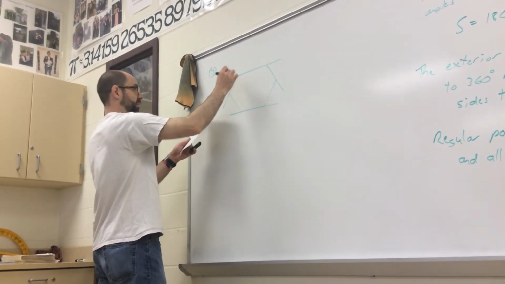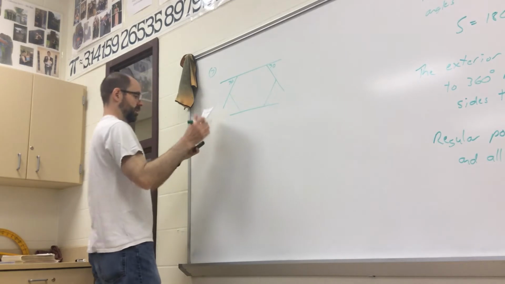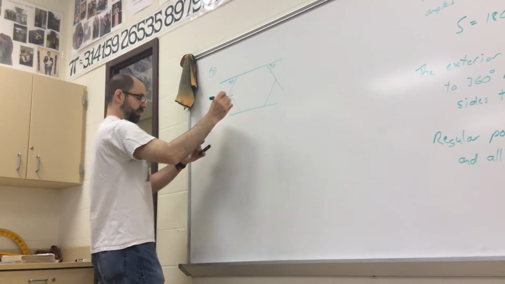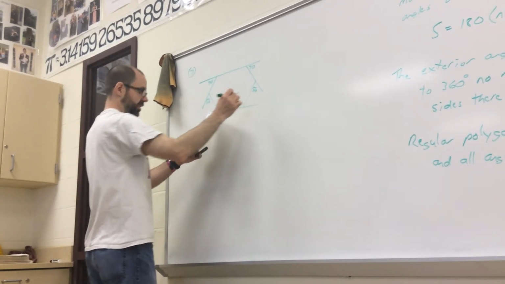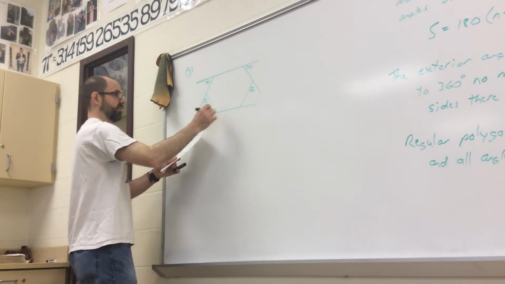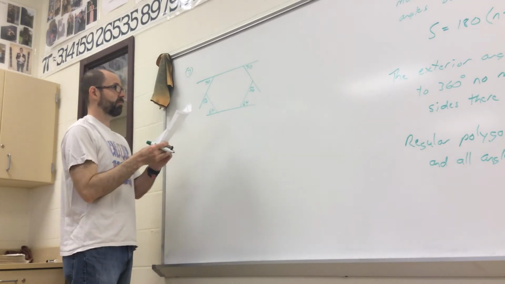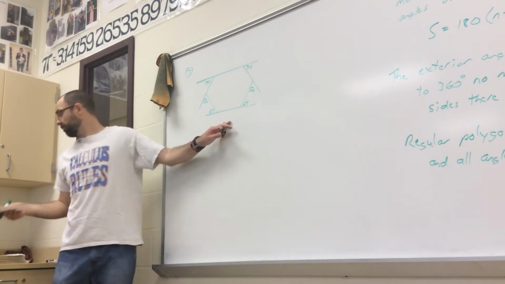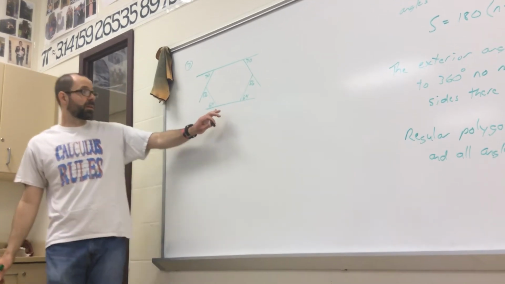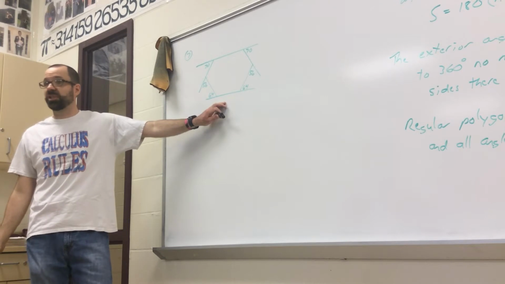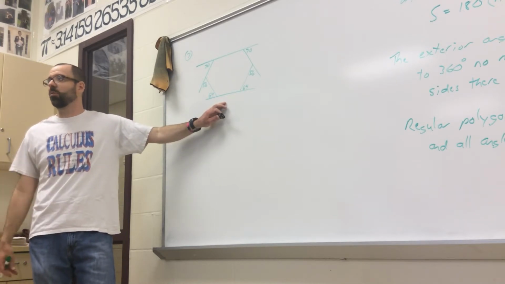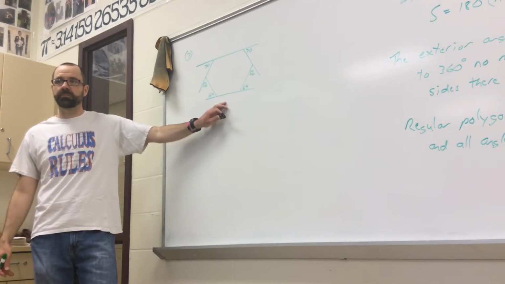This angle is 70, this angle is 70, this angle is 56, this angle is 56, this angle is 64, that angle is 64. Okay, so the question just says, here's a picture, what's wrong with the picture?